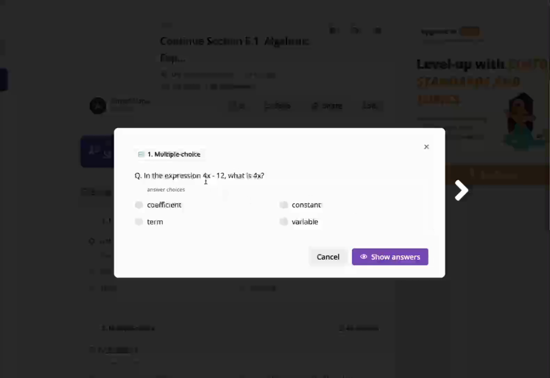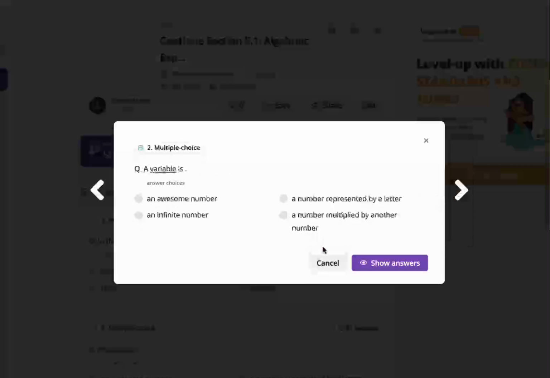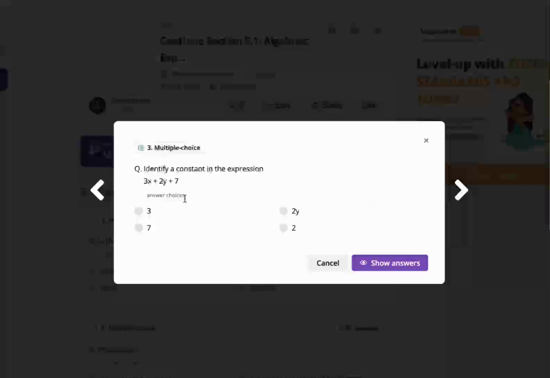The expression 4x minus 12. What is 4x? 4x is a term. A variable is, the correct choice is a number represented by a letter. Identify the constant.